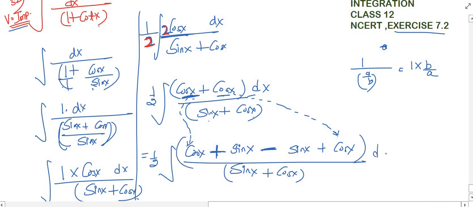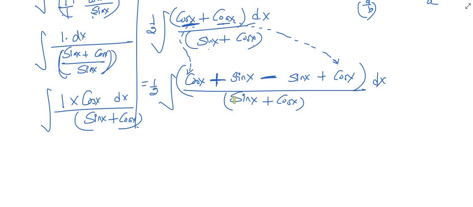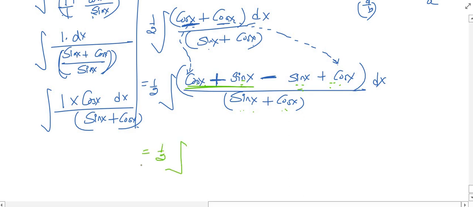And this is what I got in the numerator. Now what do you see? Can you see that this is matching but this is not matching? Sin x plus cos x is matching with this, but this is not matching. What can we do? Let's do one thing. Can I write this?